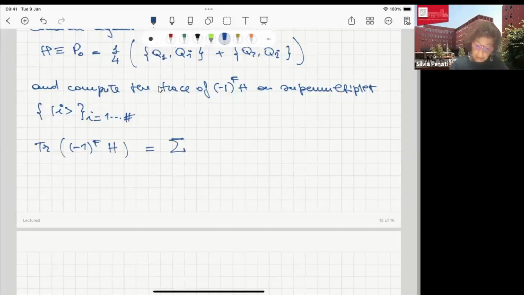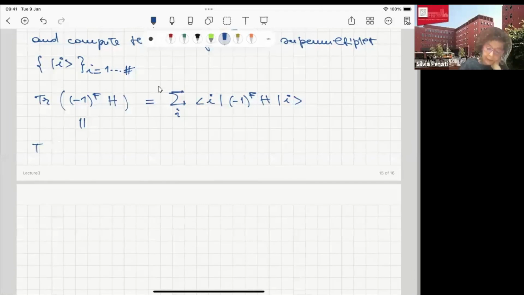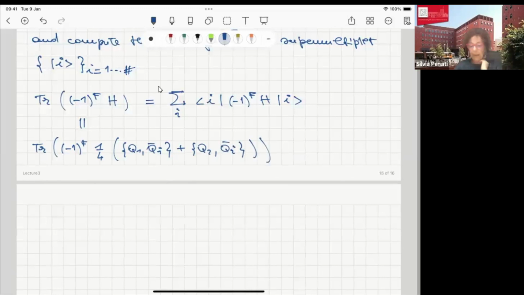So this will be given by the sum over I of <I|(-1)^F H|I>. This is the standard definition. Whereas in the other direction, I will rewrite the trace as the trace of (-1)^F times 1/4 of Q1 Q bar 1 dot plus Q2 Q bar 2 dot. Okay.